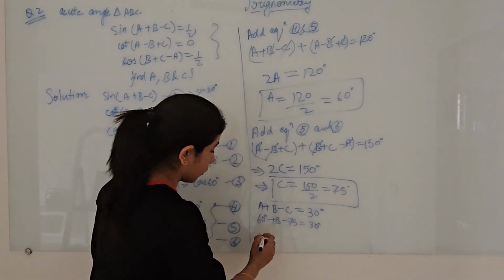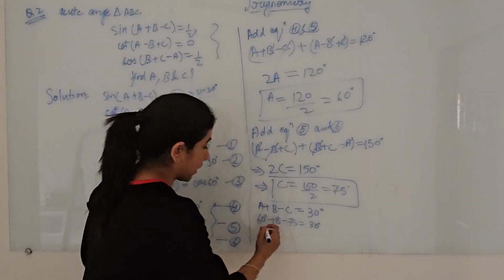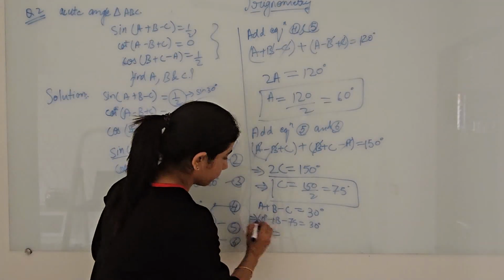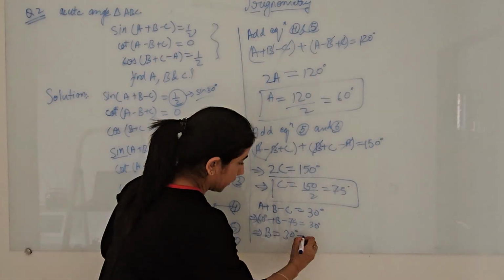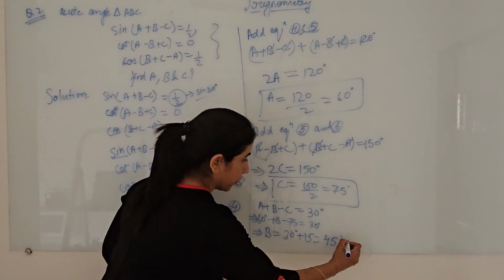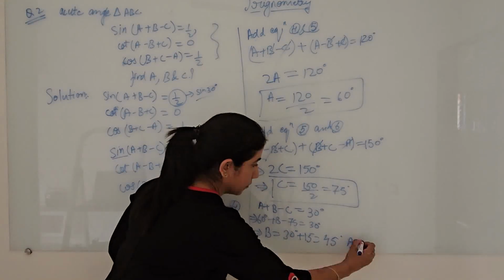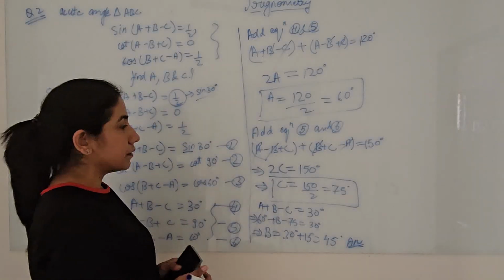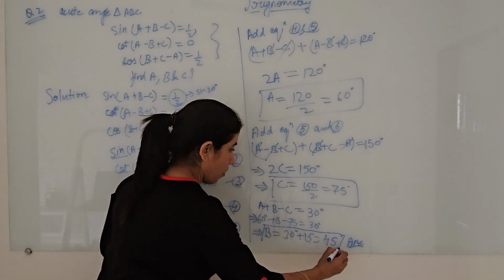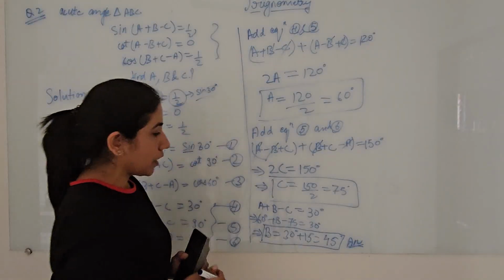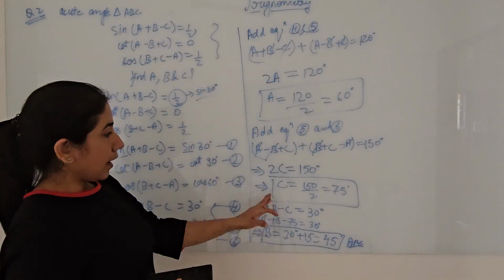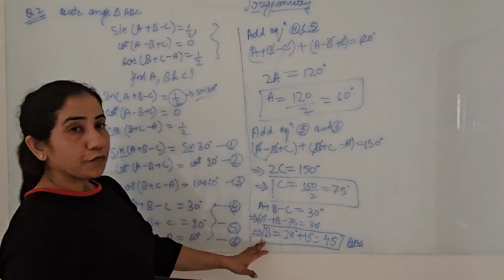Taking this minus 15 onto the RHS will become plus 15. So B I will be getting as 30 degree plus 15 degree is equal to 45 degree. And this is my required answer. Actually my required answer is finding all the angles, and here I have done with. Okay, clear? A is 60, C is 75 and B is 45.